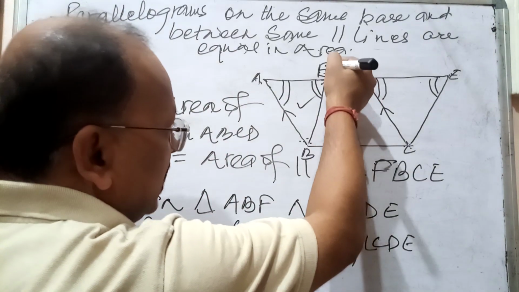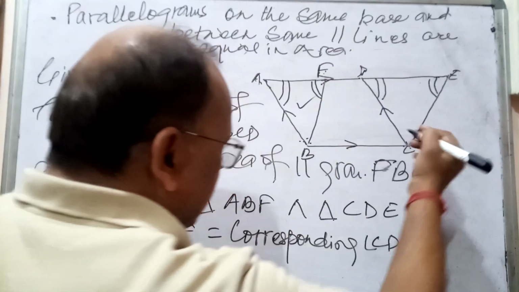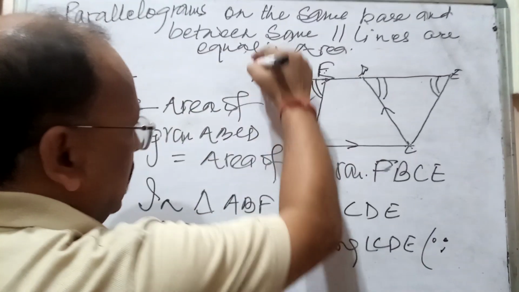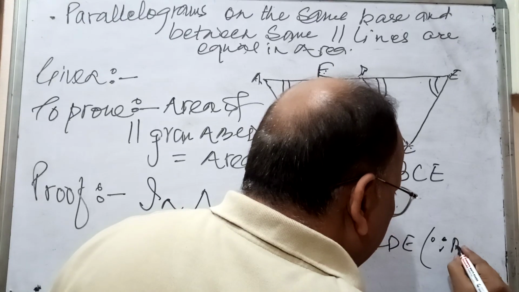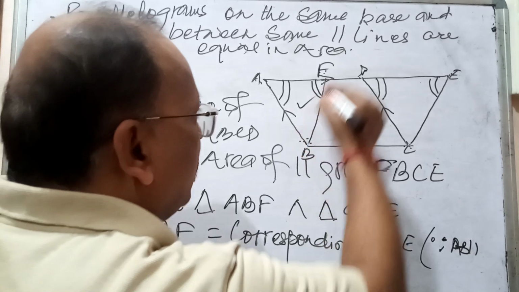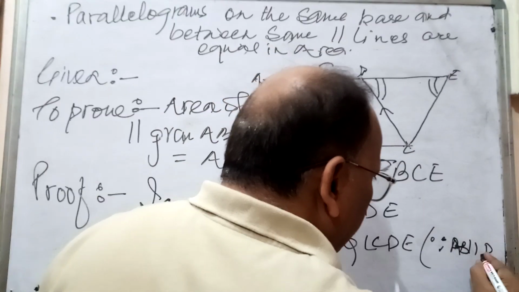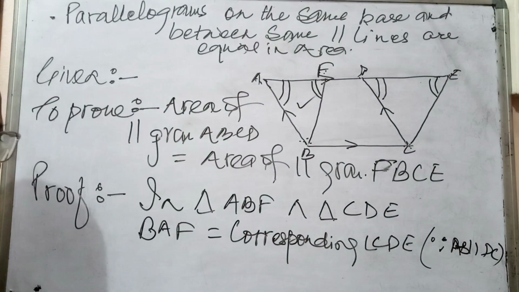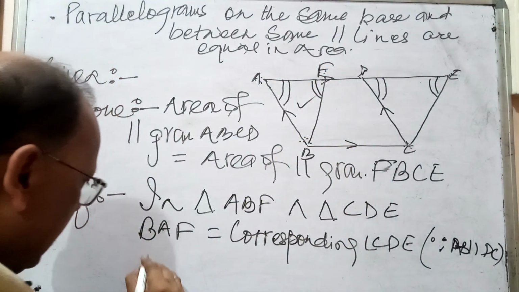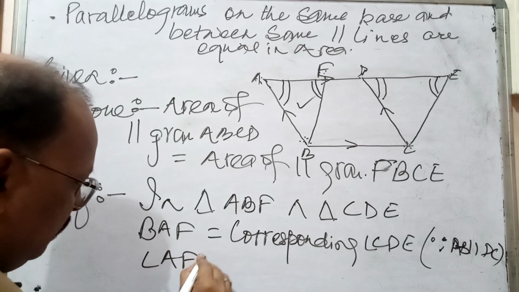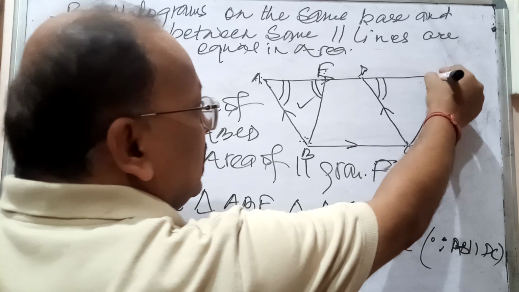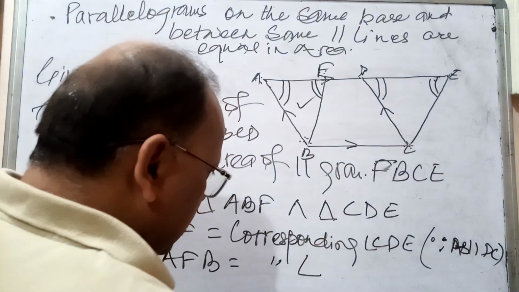Why? Because again BF is parallel to ED. You just write here, since AB is parallel to DC, again angle AFB equals the corresponding angle DEC.